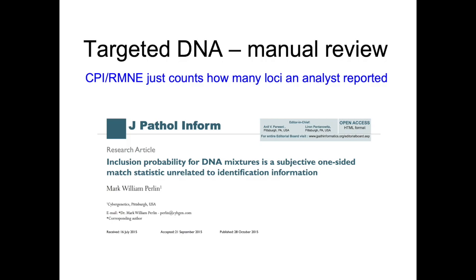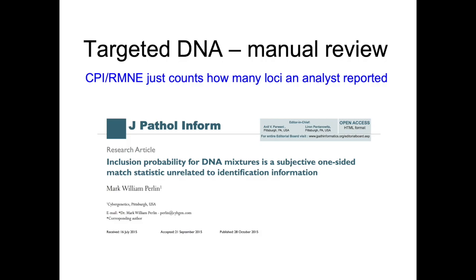There's a reason why targeted manual review of DNA mixtures produces so little information. The main match statistic, the combined probability of inclusion, is very uninformative. It doesn't use peak heights, it applies thresholds. Basically, it just counts up how many loci an analyst reported.